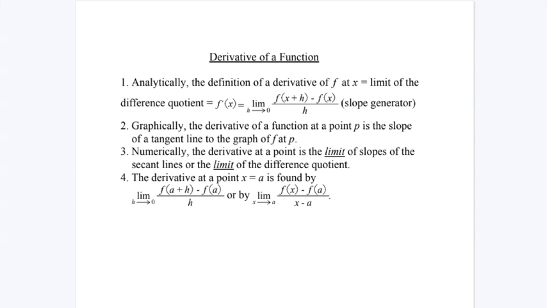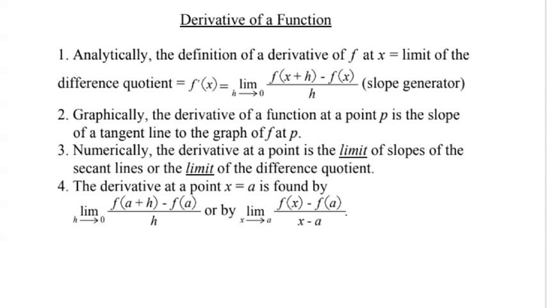Okay, so let's move on to the next slide. Let me try to make this bigger. Here we go. It says derivative of a function, and analytically the definition of a derivative of f at x is the limit of the difference coefficient, which is the thing that we talked about.